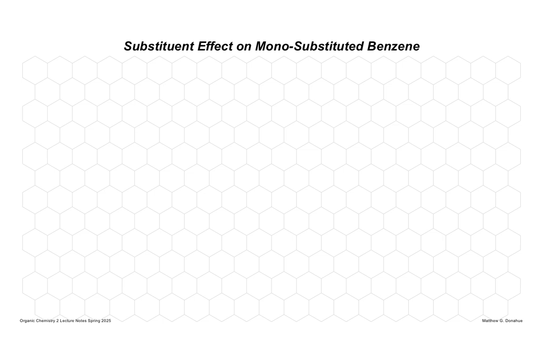So let me just explain this again, explain the strategy. We're getting that substituent on. How does that substituent now affect subsequent reactions?